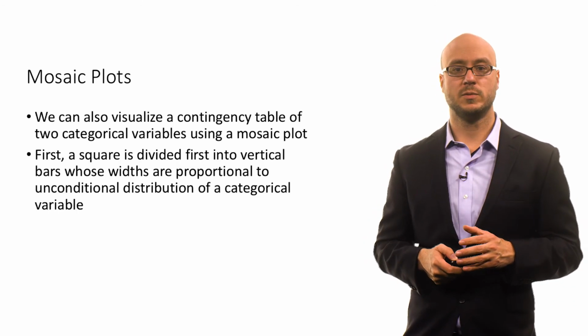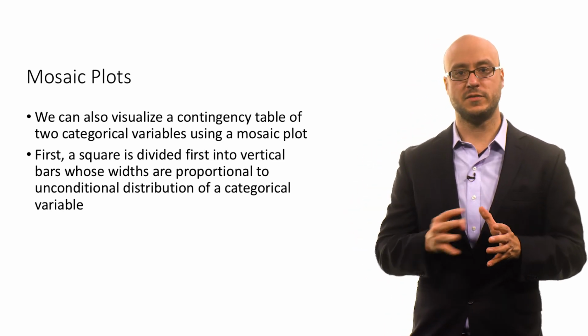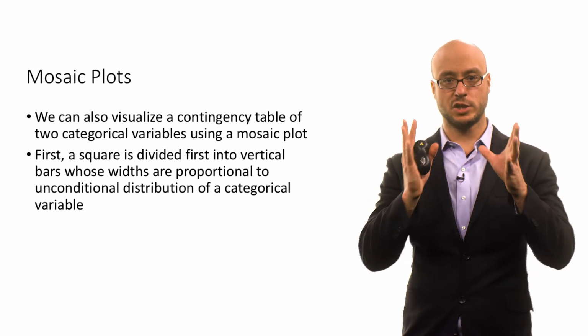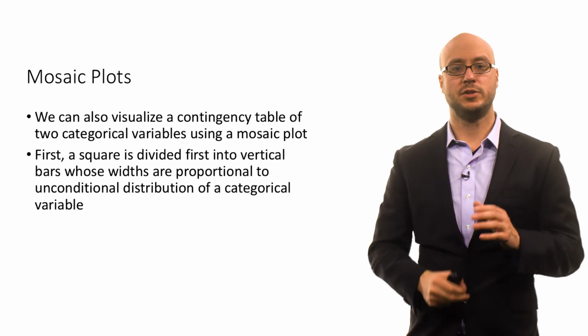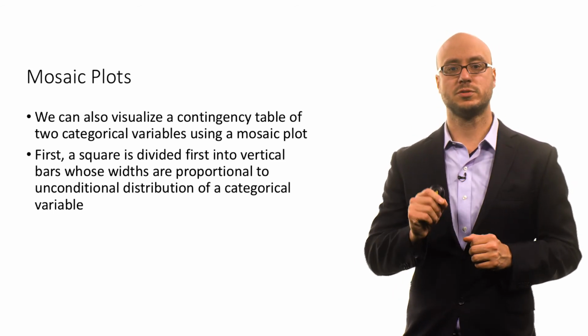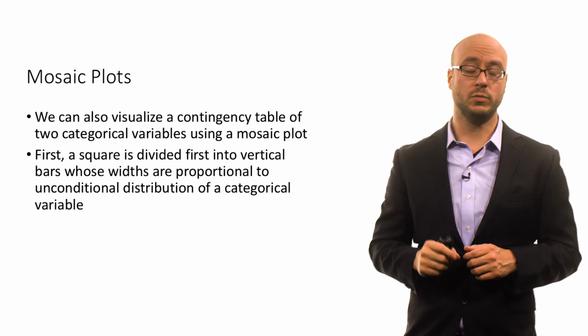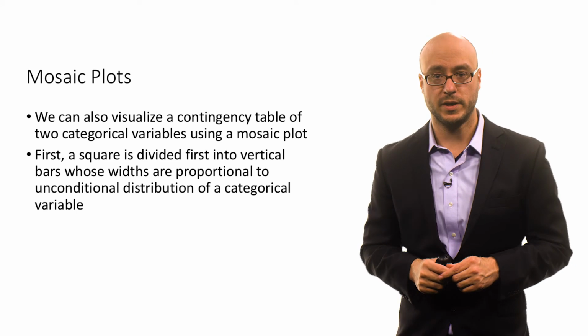As well, you can visualize contingency tables using what's called a mosaic plot. A mosaic plot really consists of two steps. First, you take a square and you divide it into two vertical bars. The widths of these vertical bars are proportional to the unconditional distribution of a categorical variable. This is assuming you have two levels of a variable, by the way.